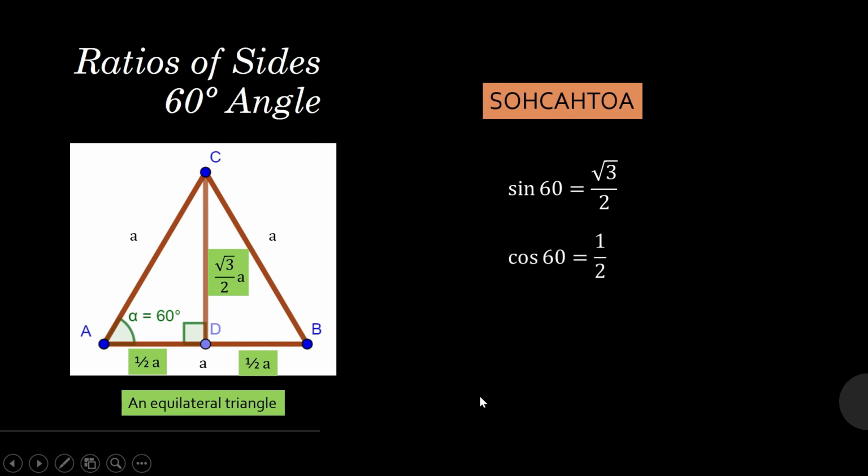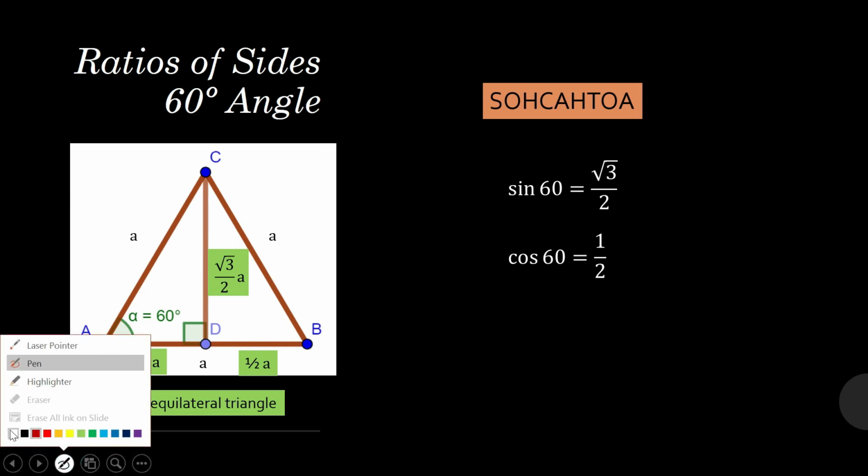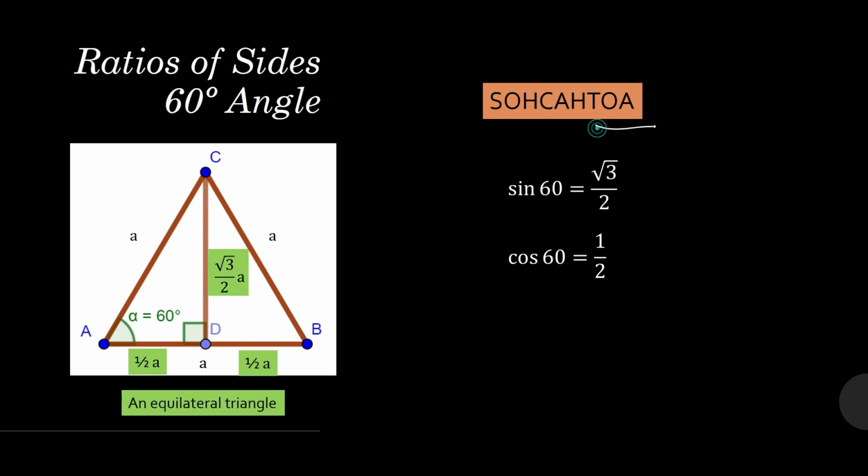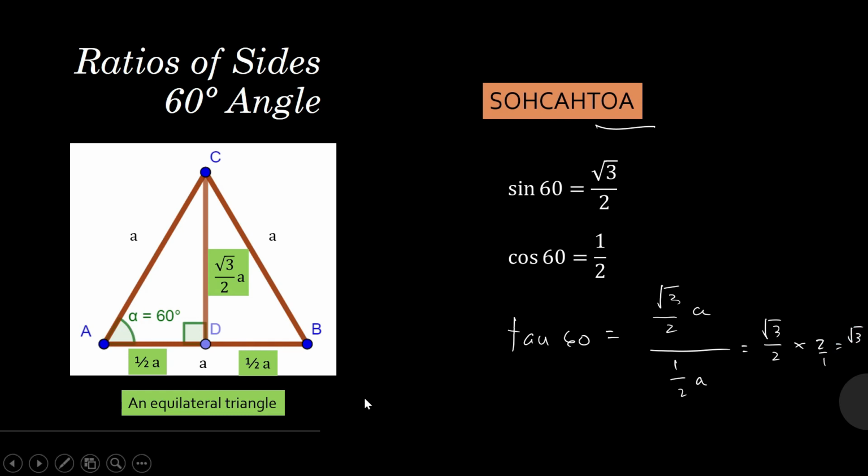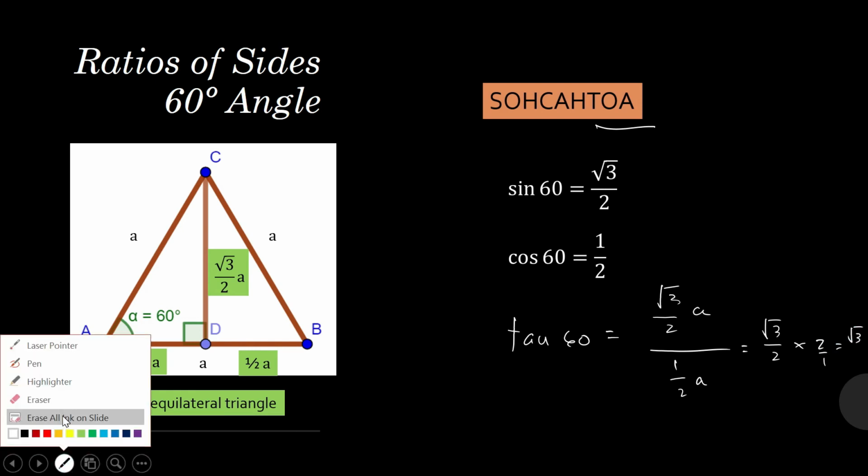What about tangent of 60 degrees? So tangent of 60 degrees is TOA. Look at that. That's TOA. It's equal to square root of 3.